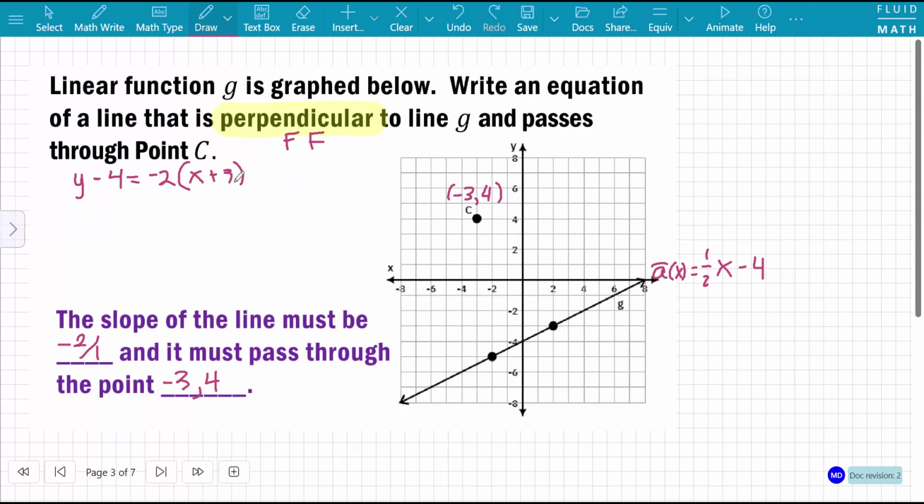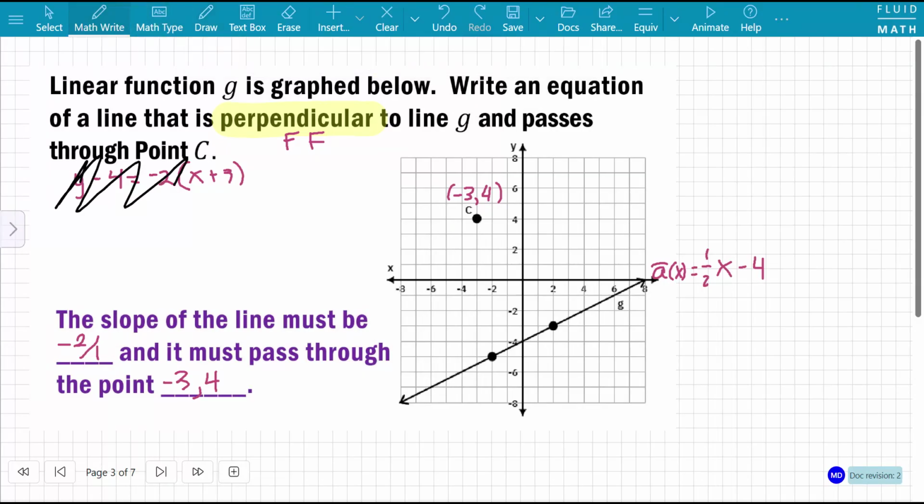Then all I'm going to do is convert that into slope-intercept form. I could write it in slope-intercept form, or I could take it all the way to standard form. Let me do this in math type. Y minus 4 equals -2 times x plus 3.